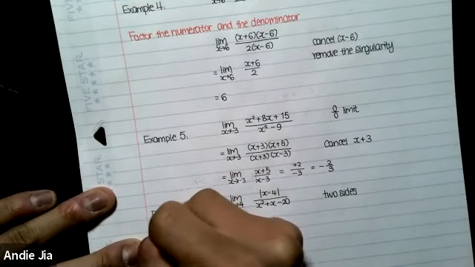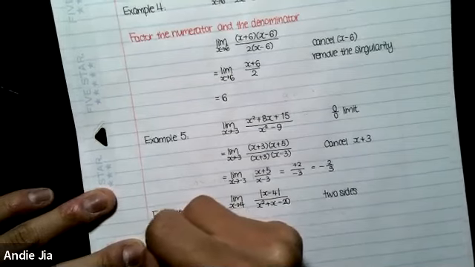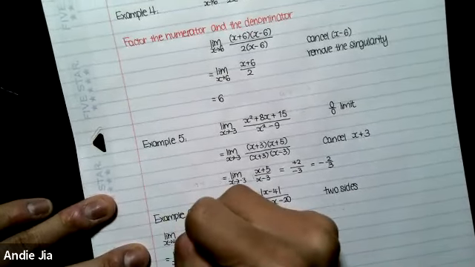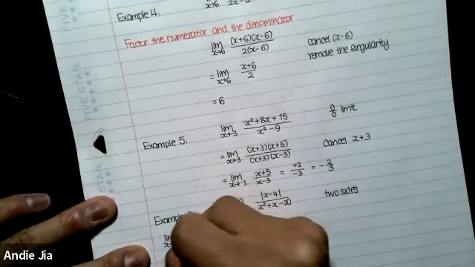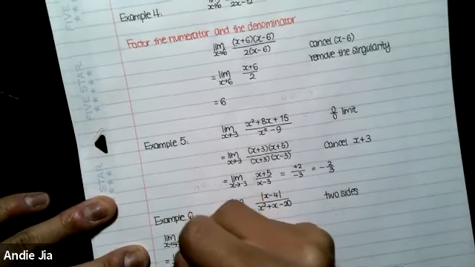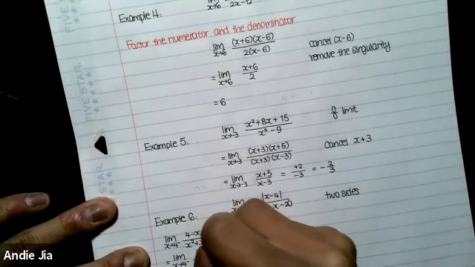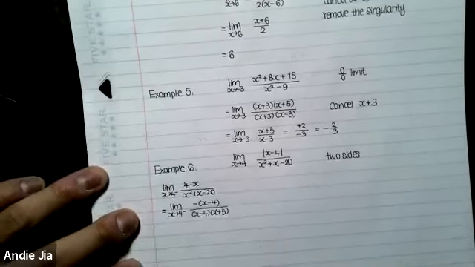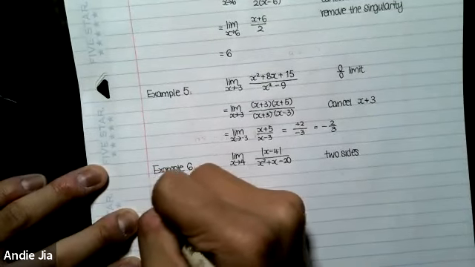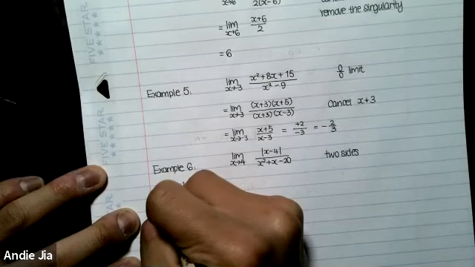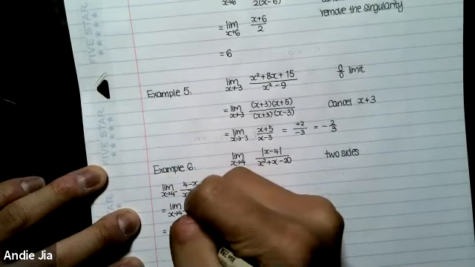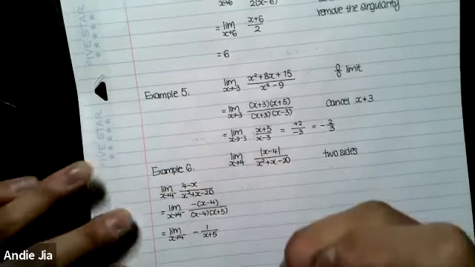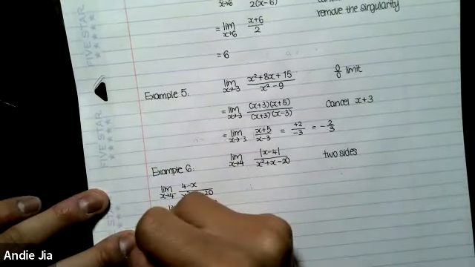We have the limit for the left side: negative (x minus 4) over (x minus 4)(x plus 5). We remove the singularity. We have -1 over x plus 5. It is -1 over 9.